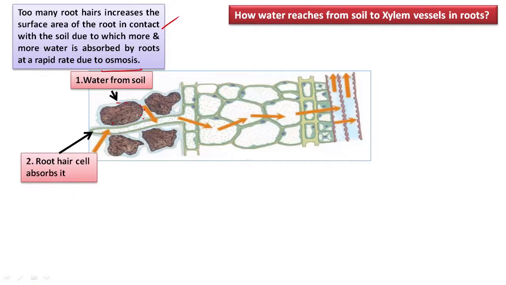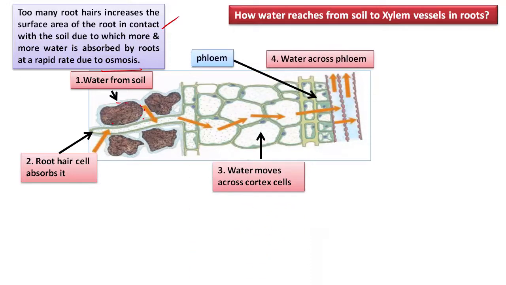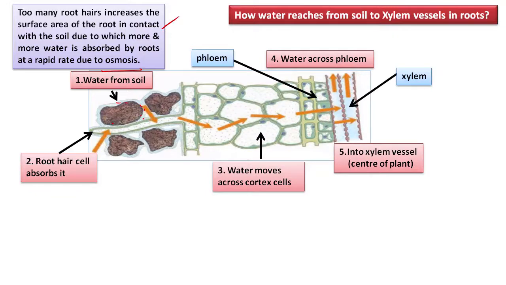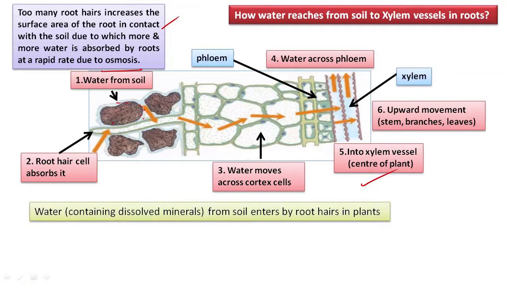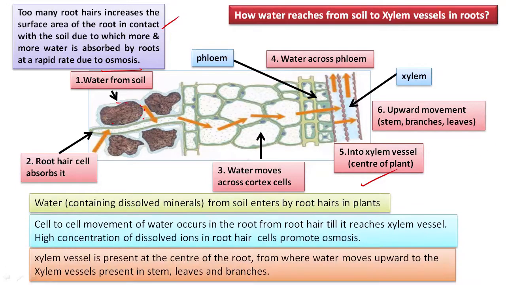Then root hair absorbs it, and water moves across the cortex cells, then to the phloem, and finally into the xylem vessel, which is present in the center of the plant, and through the xylem it moves to the leaves of the plant. That is upward movement. This is all what I said.